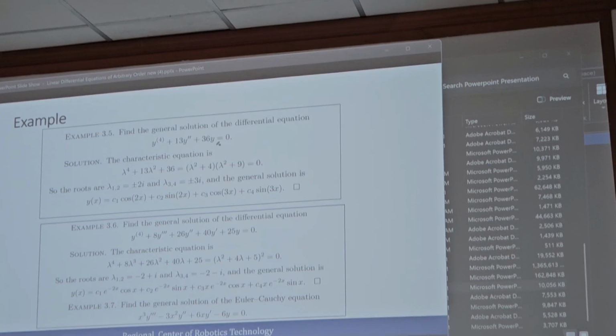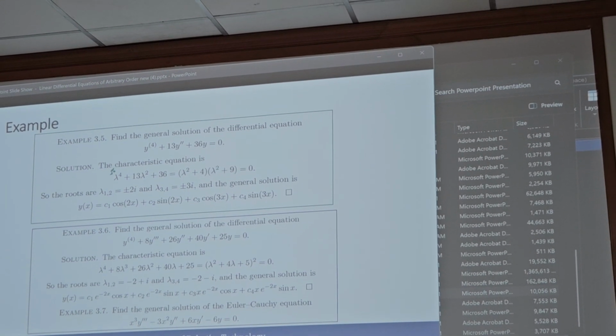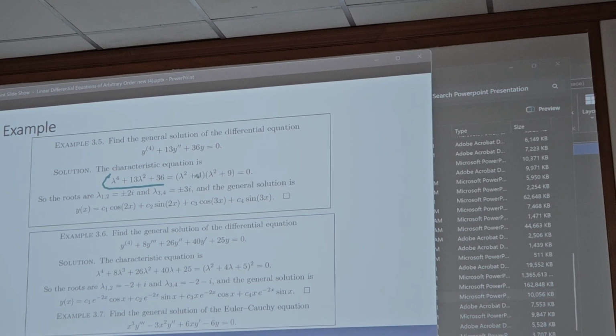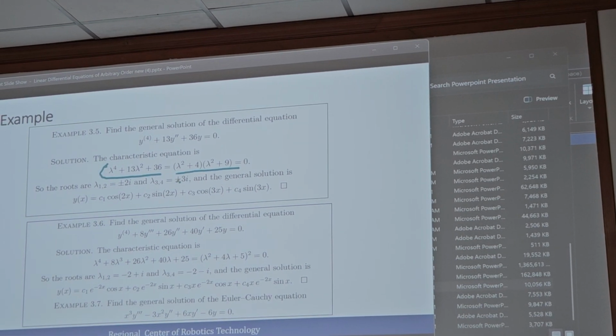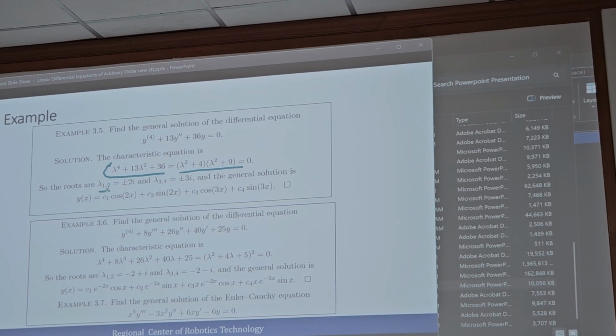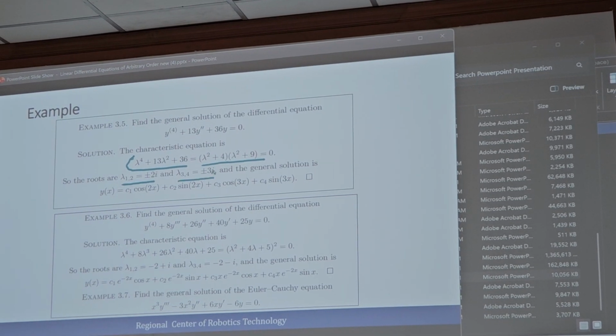To the fourth, right? So you have this characteristic equation, and your roots will be like this one, right? So you have two roots like this one, different, distinct. So this one will be for this, and this one will be for this, right? This one, the one that I would like you to do, right?